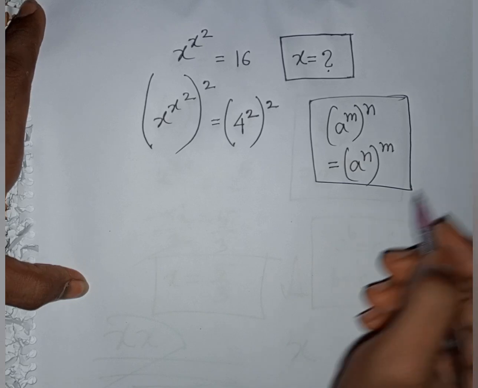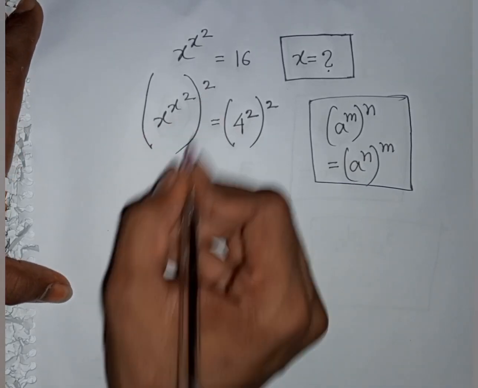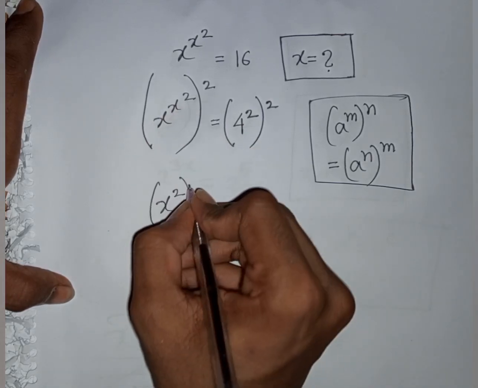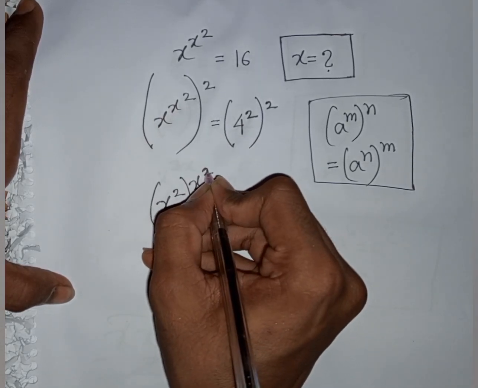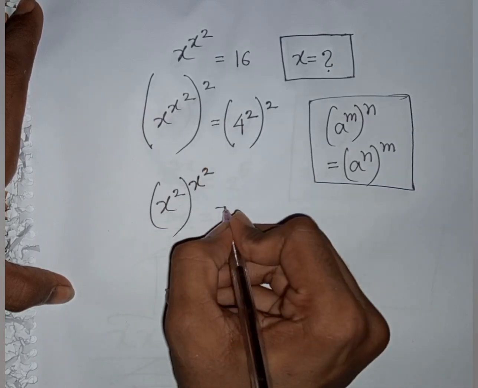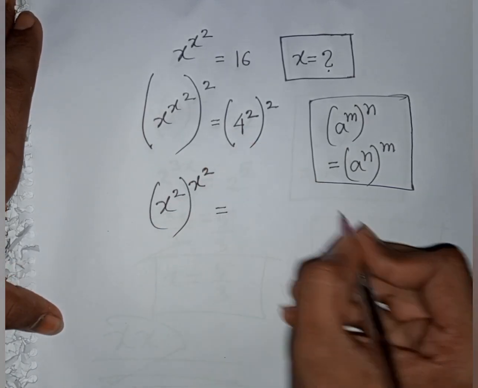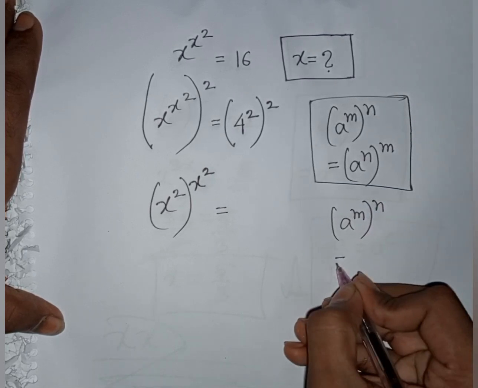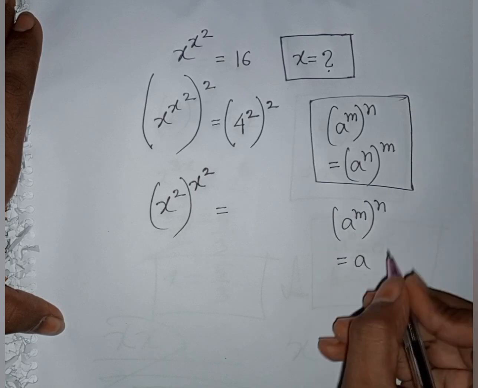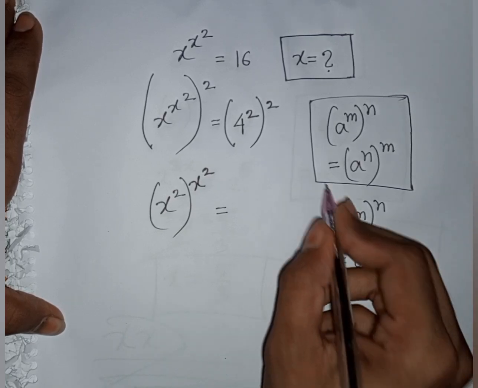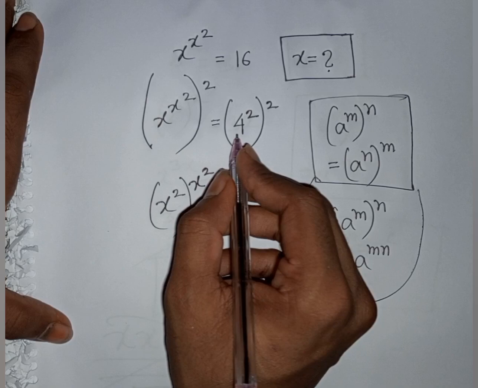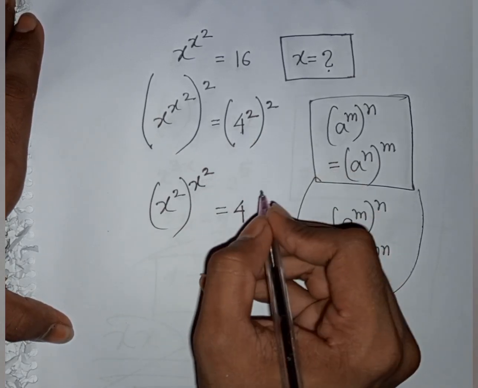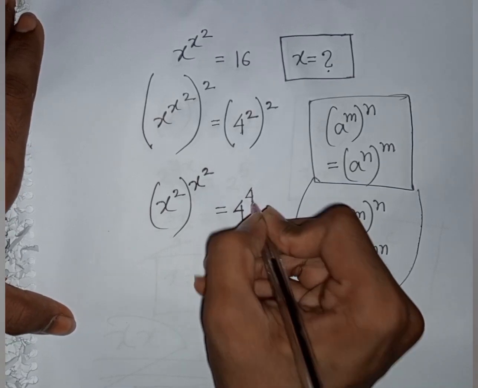So according to this rule, we can write here x power x, then bracket power of x square, then is equal to, here you can apply this formula a power m bracket power n is equal to a power of m times n, that means mn. So according to this formula, we can write here 4 power of 2 times 2, that means it will be 4.